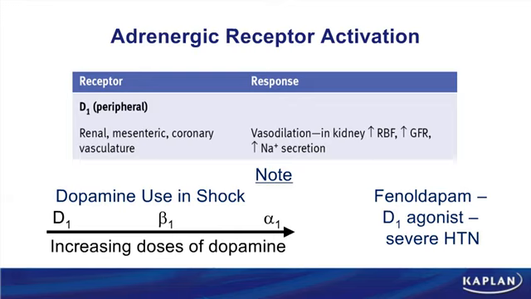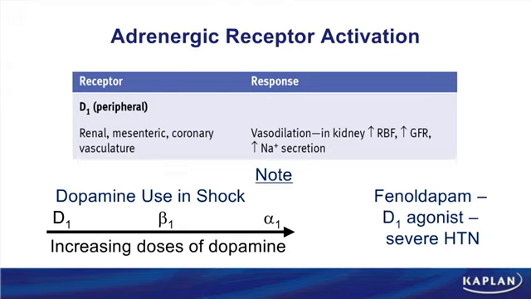However, if I give dopamine in a high enough level, I will stimulate alpha-1 receptors to vasoconstrict, increasing TPR and blood pressure. So to summarize, the dose-dependent effects of dopamine happen on D1 first, then beta-1, and then alpha-1. It's reverse alphabetical, and it's always betas before alphas. We have a D1 agonist called fenoldopam.